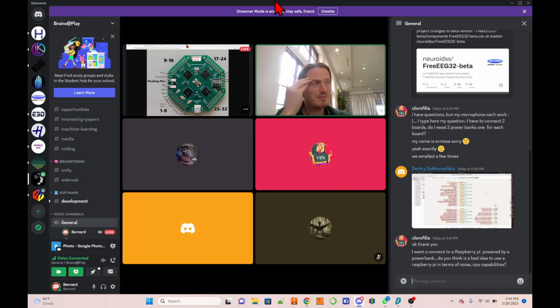I have in the past tried to have 10, when I had 11, sorry. For a beautiful moment in time, I had 11 FreeEEG32 boards, all connected to my laptop with USB hubs to get that many USB ports.